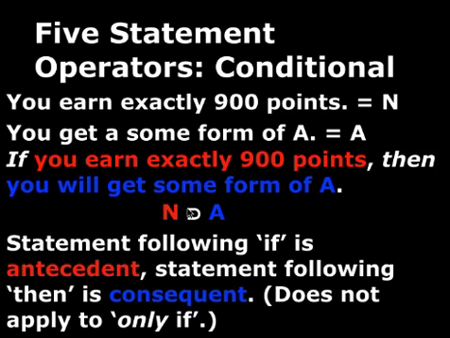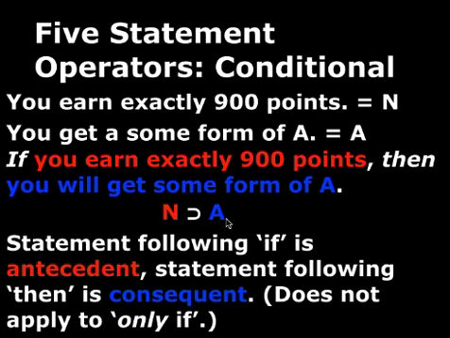When we translate into the formal notation, the antecedent always goes on the left and the consequent always goes on the right. So that's why I put N on the left, because N is the antecedent, and A is on the right because A is the consequent.